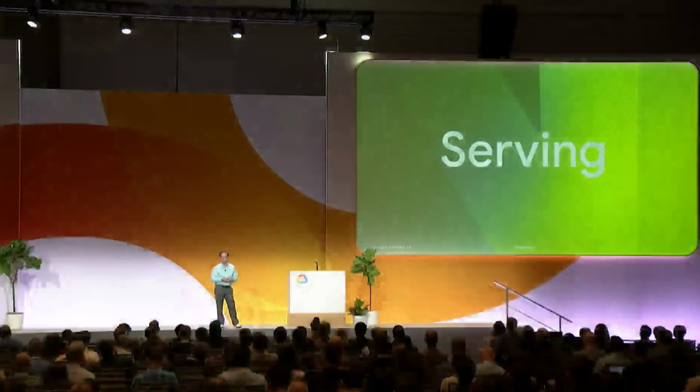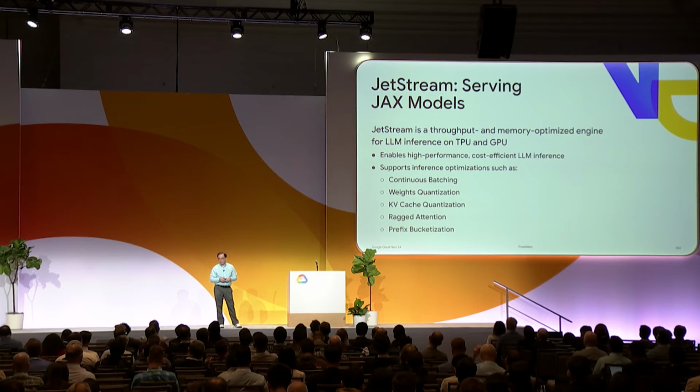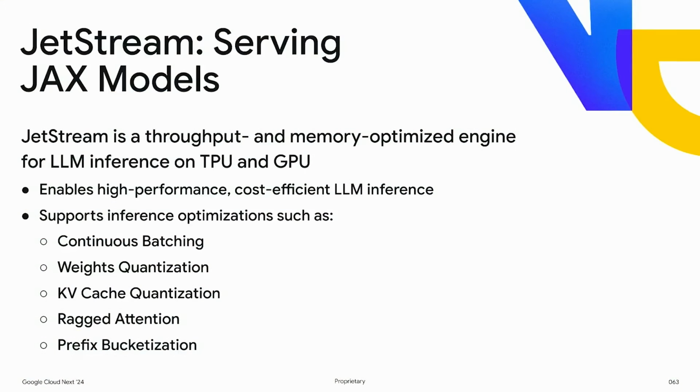Serving. Well, at some point, you want to serve your model. So we have JetStream. JetStream we just announced, and JetStream is kind of early. It is a throughput and memory optimized engine for LLMs, and has a lot of great inference optimizations, things like continuous batching, weights quantization, KV cache quantization, ragged attention, and prefix bucketization.